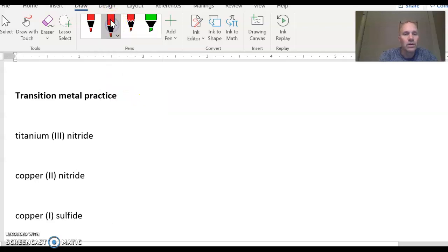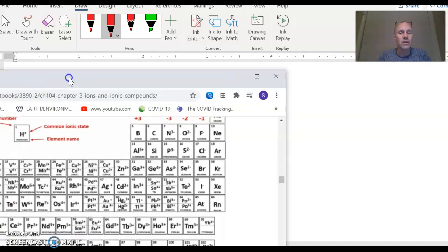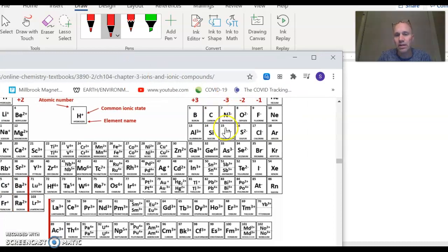where we're going to write down the ions. What's the charge on titanium? Again, you don't get the charge from its position on the periodic table. It comes from that Roman numeral. Nitride, remember, this is an -ide, which means it's going to be a monatomic ion.